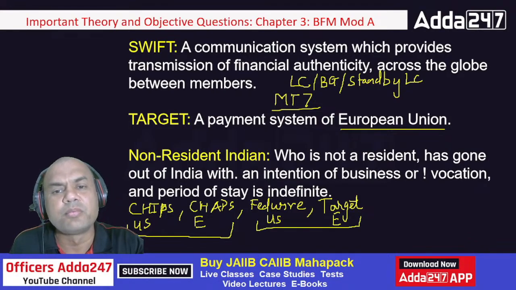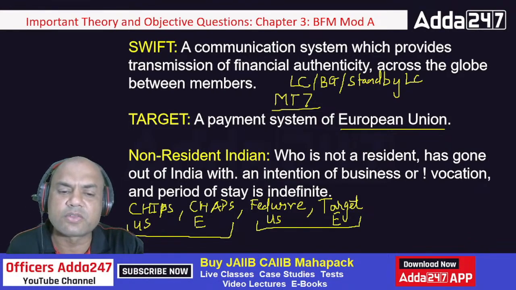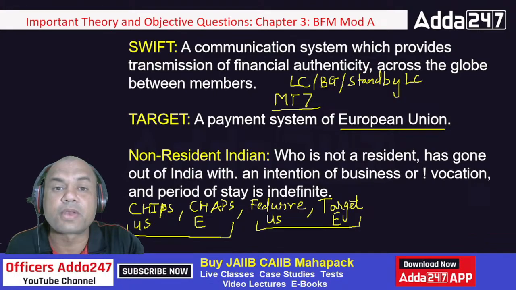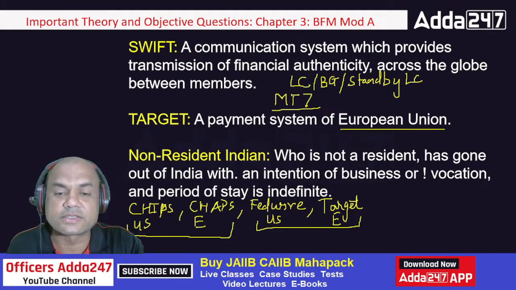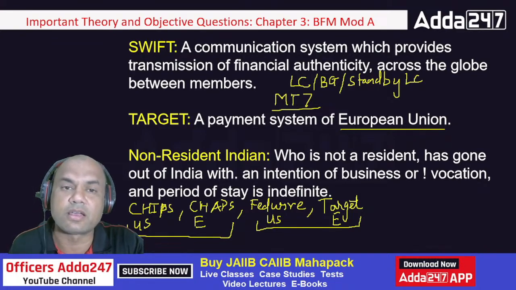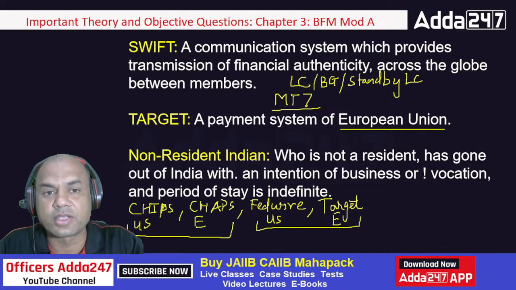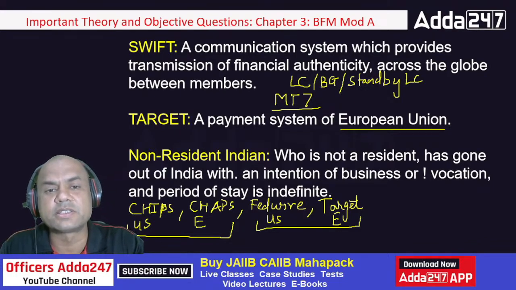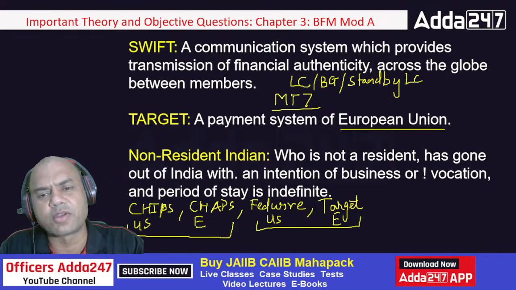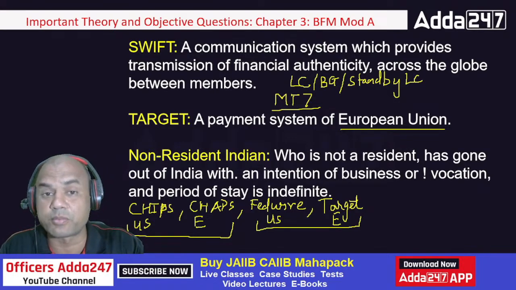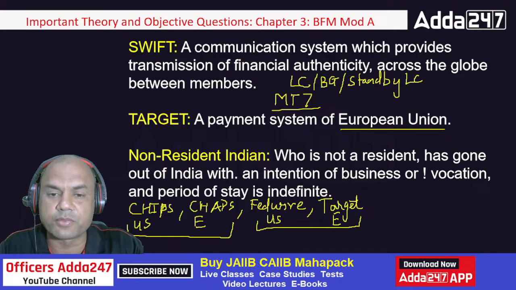You are studying all these for your exams, that's okay, but India's systems are far more comprehensive now. Our NEFT, RTGS systems, or even SFMS, the Structured Financial Messaging System, are far more efficient nowadays than the European and US systems. But from the exam point of view, you have to study these.